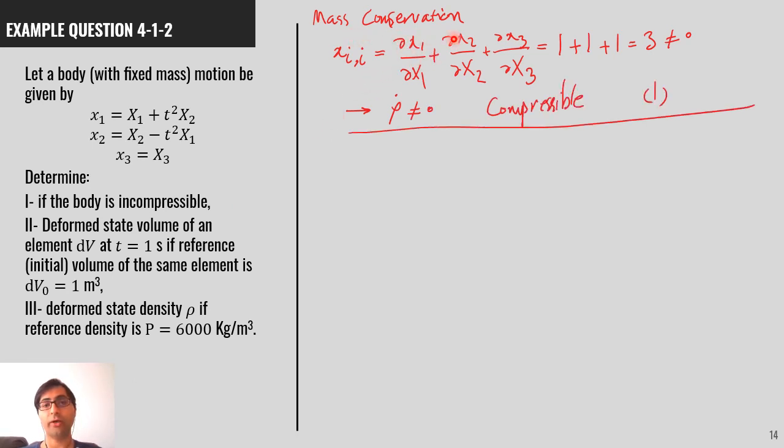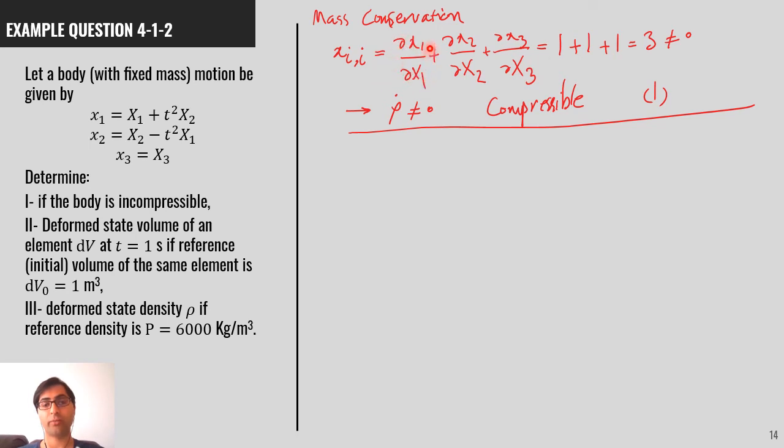So from the mass conservation, we can write the divergence of x dot as partial x1 partial capital X1 plus partial x2 partial capital X2 plus partial x3 partial capital X3.